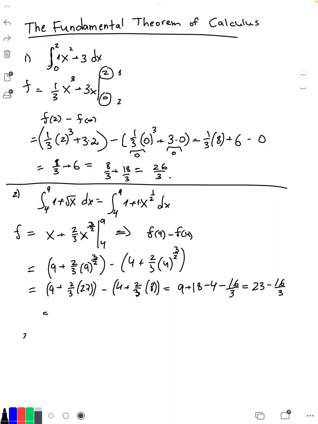So we can rewrite it as 3 over 3 multiplied by 23, which results in 69 over 3. So we're gonna have 69 over 3 minus 16 over 3 equals 53 over 3. And that would be the final answer.